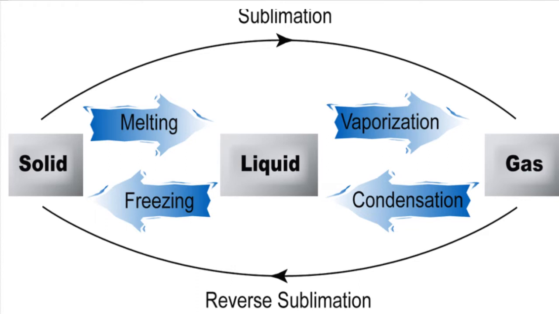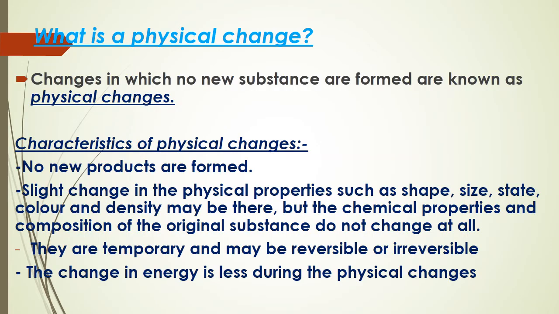And liquid again is cooled down to form solid, or it undergoes the process of freezing and forms solid. Now, all these processes, melting, boiling, condensation, freezing, sublimation, are categorized under physical changes.